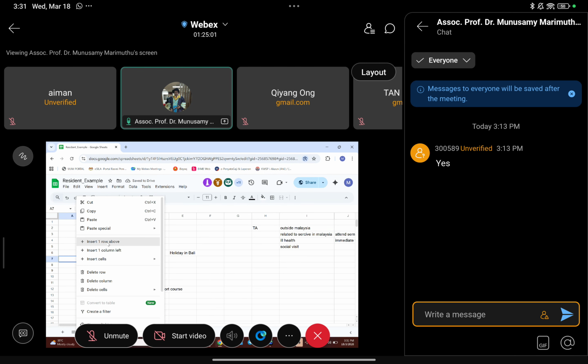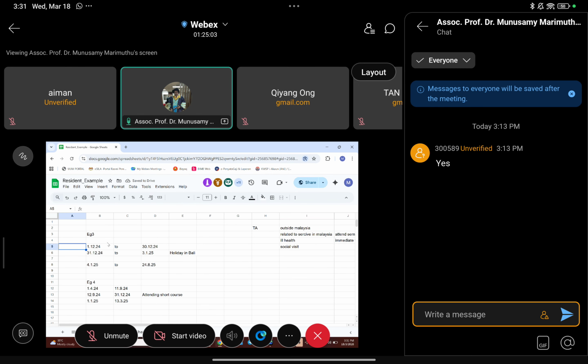Okay, so YA 24, YA 25. We go for section 1A first. Before the number of days here, holiday in Bali means this is 4 days. This is considered as a social visit.